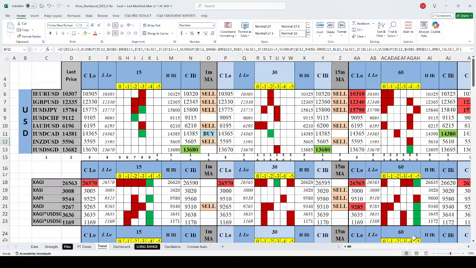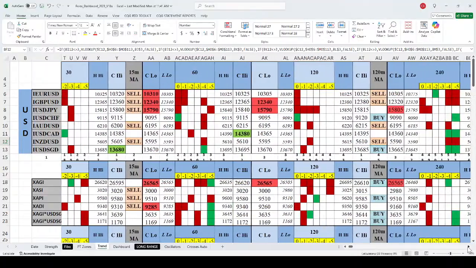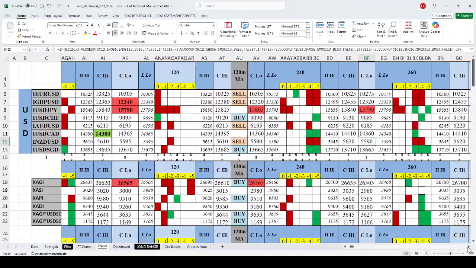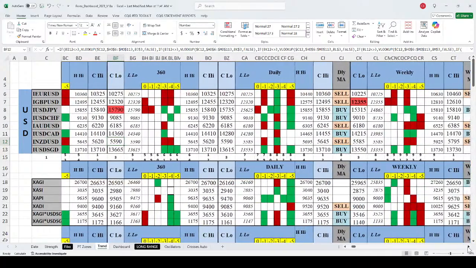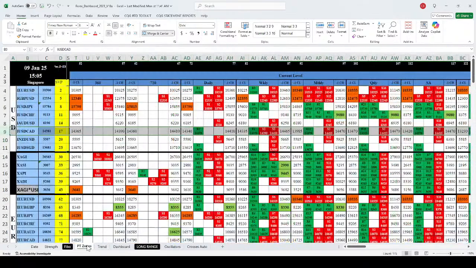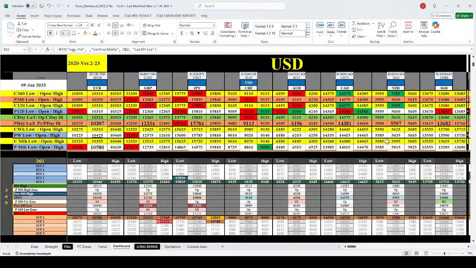We have not seen any weakness, so I think we don't want to chase this market. We would rather enter at specific levels. I don't want to enter this trade at market because there is no clue. So I want to go for a cautious sell, because the market has got no strength. Of course, you can go for a cautious sell or sell and hold. Both trades are possible.